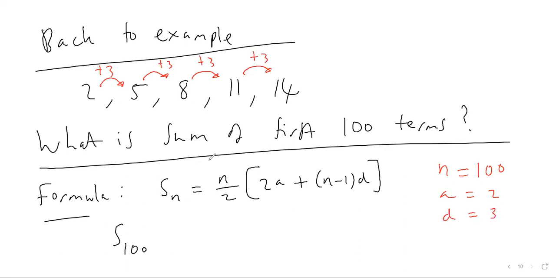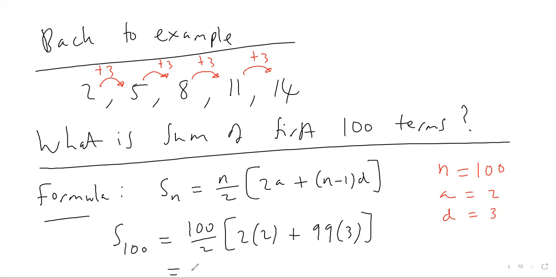So if we just plug those numbers into the formula, we will get our sum. So it's going to be 100 divided by 2 times 2 times a, which is 2, plus n, which is 100, take away 1, which is 99. So 99 times d, the difference, which is 3 there. So we're going to get 50, because 100 divided by 2 is 50, times 4 plus 99 times 3. I think that's 297.